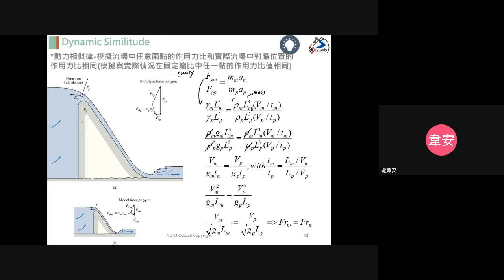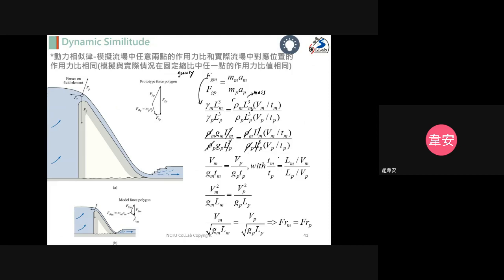You see there are the same parameters on the left-hand side and right-hand side, so we directly cancel them out. We rearrange so the left-hand side has all the parameters in the model and the right-hand side has the parameters in the prototype. We also know that Tm divided by Tp is equal to the ratio of Lm divided by Vm and Lp divided by Vp.